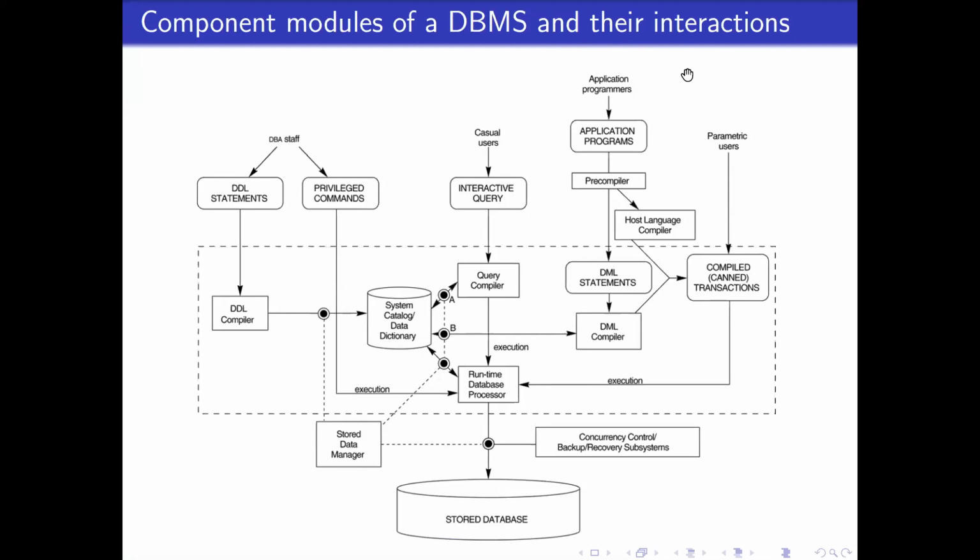Then there are developers we call application programmers, and they use application programs to access the databases. And then there are casual users like managers, who want to make decisions for an organization based on some facts. For that, they have what we call interactive queries.